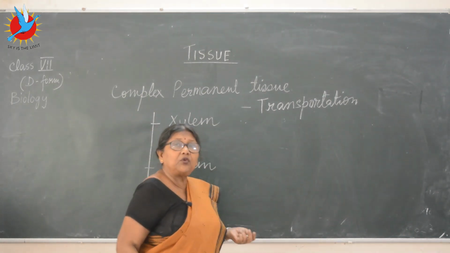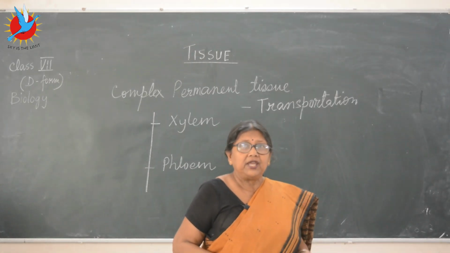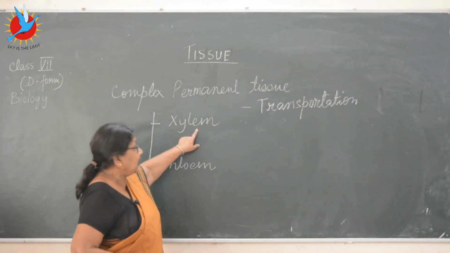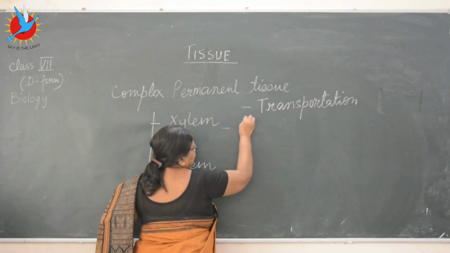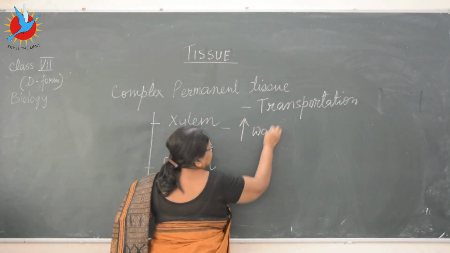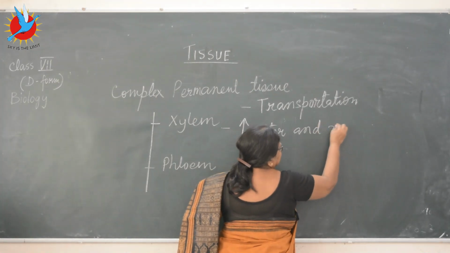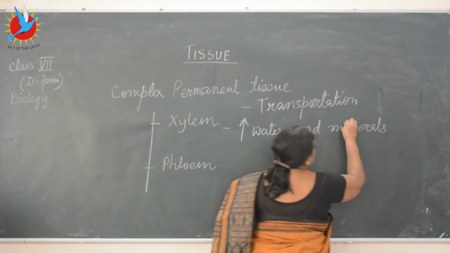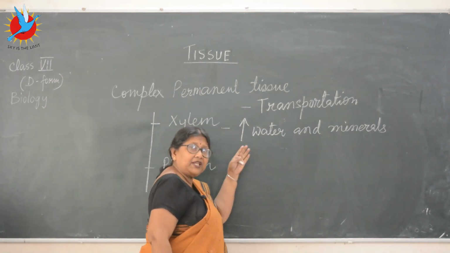Now conduction of what? What do they transport? The two types of tissues that they have: xylem, they conduct water and minerals. And from the sign only you can understand upwards.